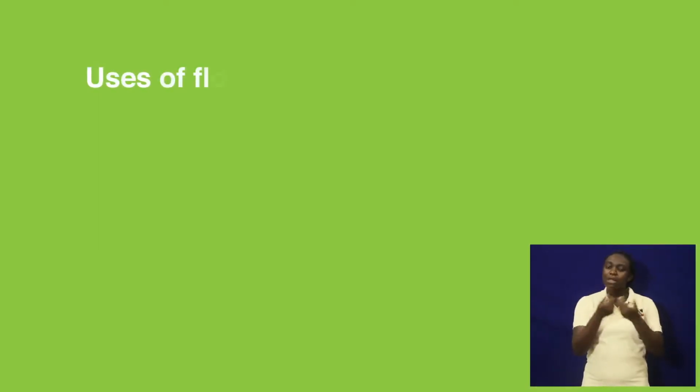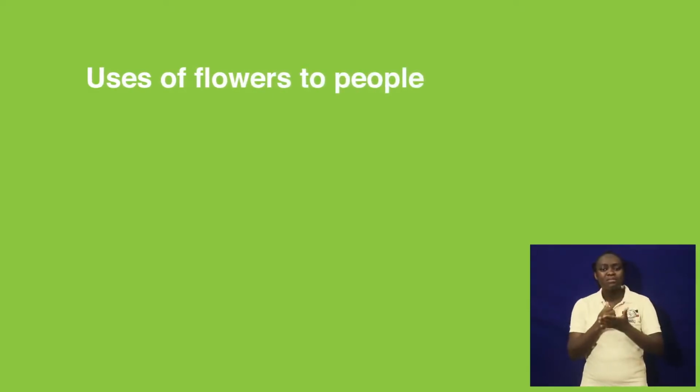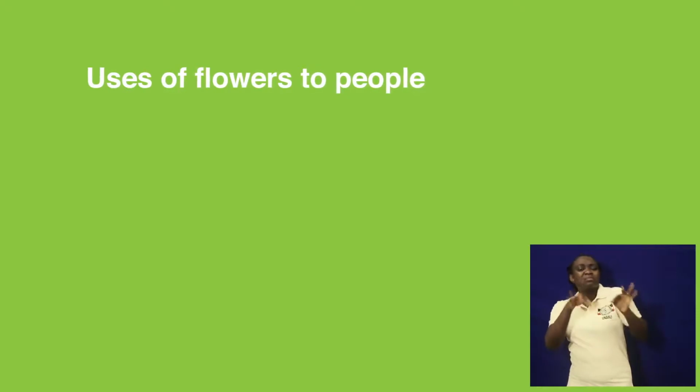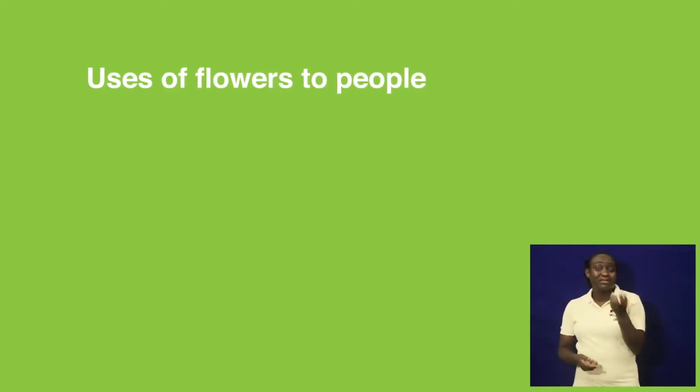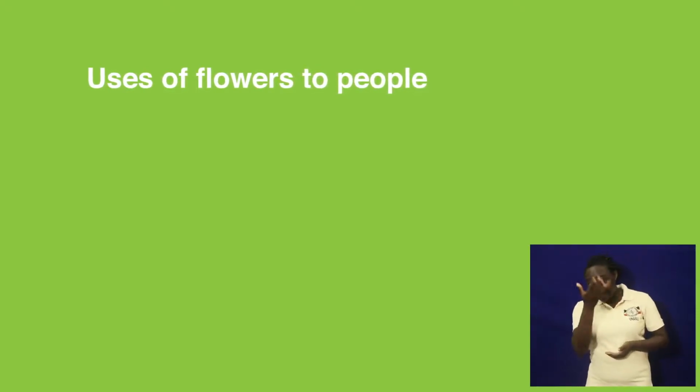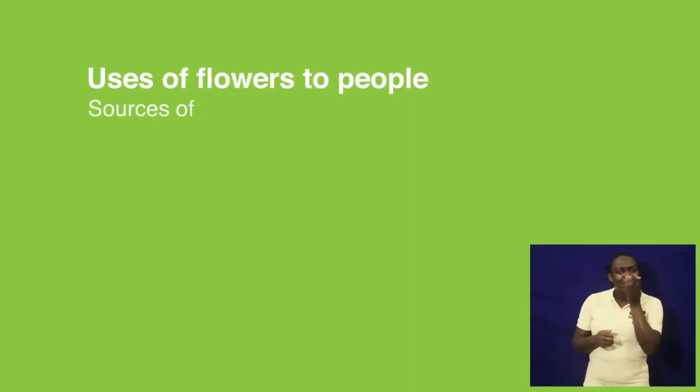Dear friend, we know that each of the parts of the flowering plant has different uses for the plant. Now, can you briefly explain the uses of flowers to people? Correct, flowers are sources of food.